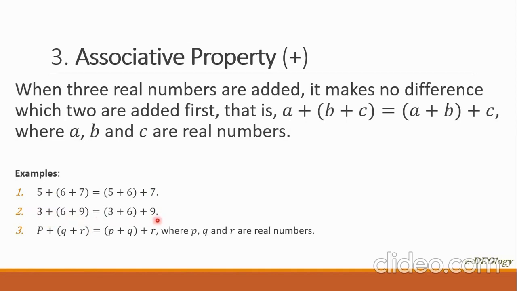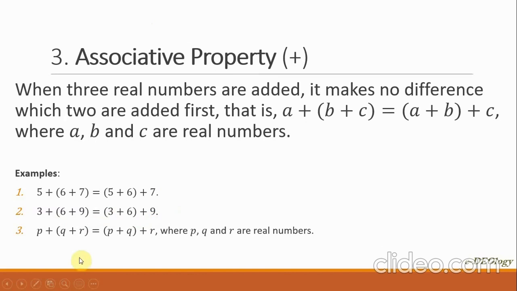And on the right side, the first two terms are grouped together. Then if we get the sum of these three numbers on each side, eventually we will get the sum of 18 for the two sides.